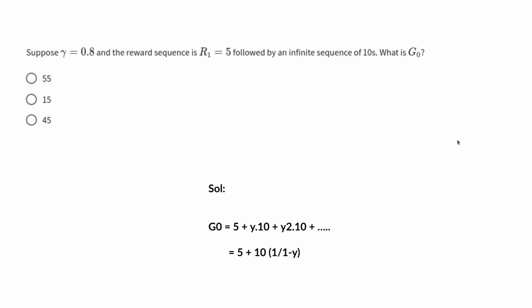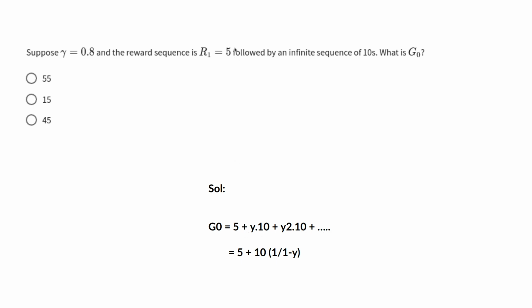Now based on this you have to calculate: if gamma is 0.8 and R1 is 5, what would be G0, given that after R1 you will get 10 every time? So the same formula I put there. Initial reward, gamma into next reward, gamma square into next reward, dot dot dot.